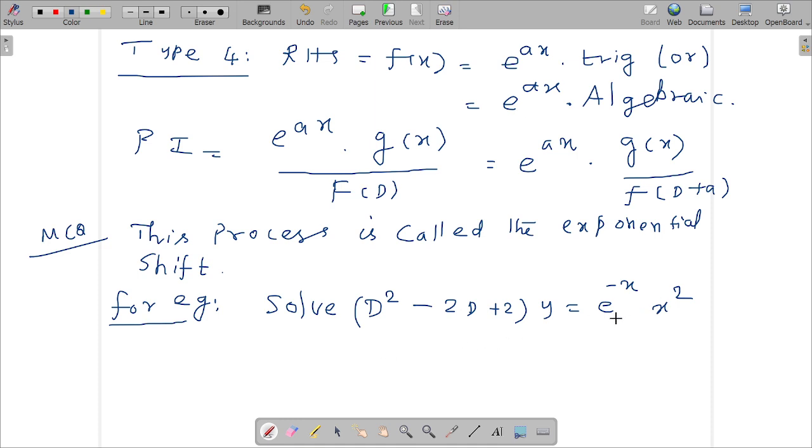Here the particular integral is in the format of e power ax into g of x, where g of x is algebraic. So how can we solve it?